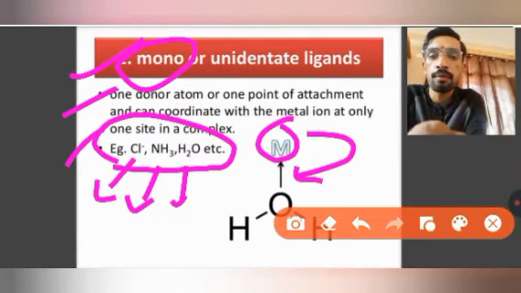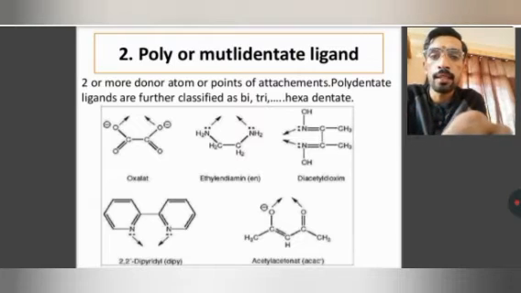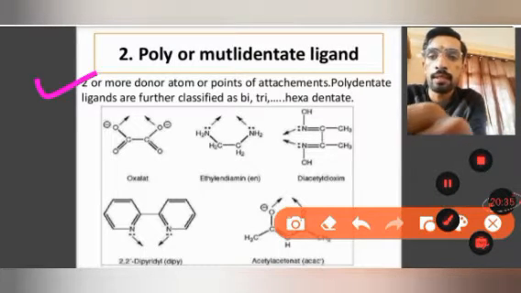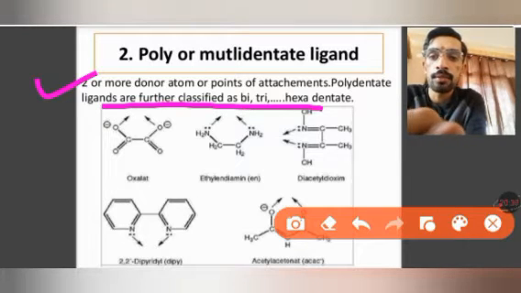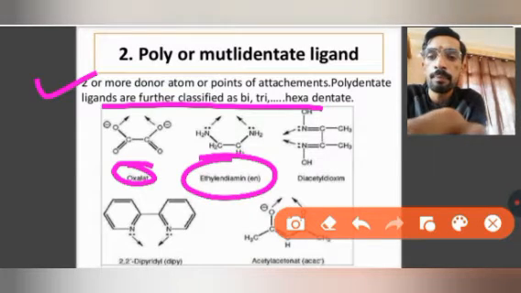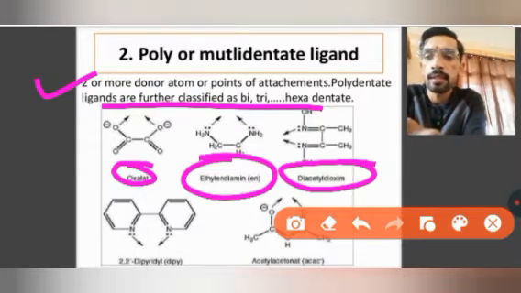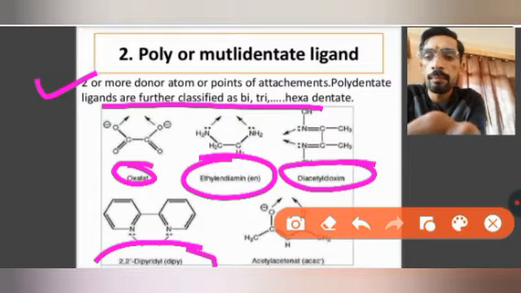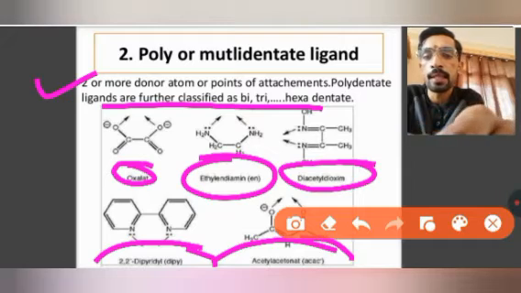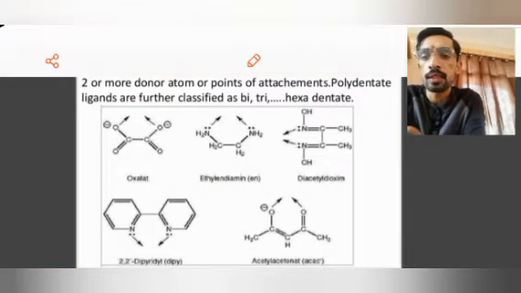The second type of ligand is polydentate or multidentate, where two or more donor atoms or points are attached. Polydentate ligands are further classified as bi, tri, hexadentate, depending on how many. Examples are oxalato, ethylenediamine, EDTA, diacetyldioxime, dipyridyl and acetylacetonate. These are some examples of polydentate. You can take a screenshot of this also.